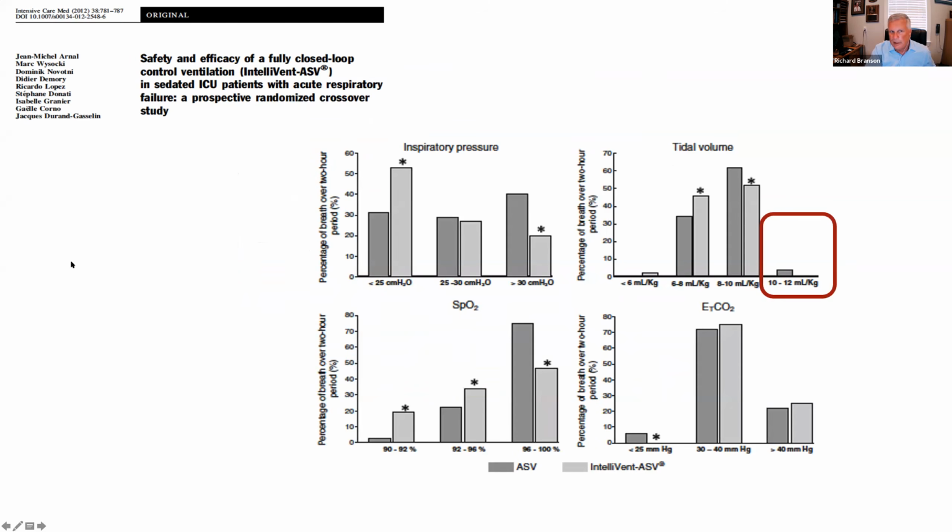Having said that, this is another paper by Jean-Michel that looks at IntelliVent versus ASV. I only show it to you to demonstrate that with ASV, there were still continued issues of patients getting large tidal volumes. It's only like 5 or 6%, but 5 or 6% is getting 10 to 12 mLs per kilo. And IntelliVent seems to improve that. I'm not trying to be too critical, but most of these studies are physiologic variables.